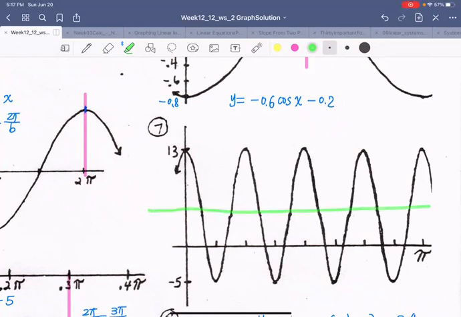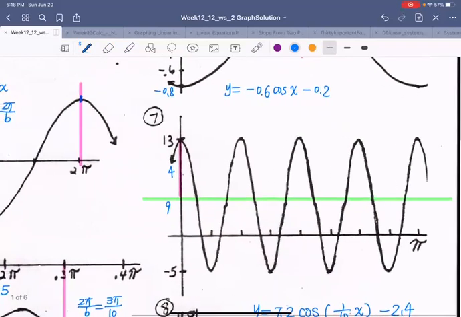If your midline is at 9, then 13 minus 9 means your amplitude is 4. So A is plus 4. Very good. And since the wave starts at the top, it is a cosine graph.